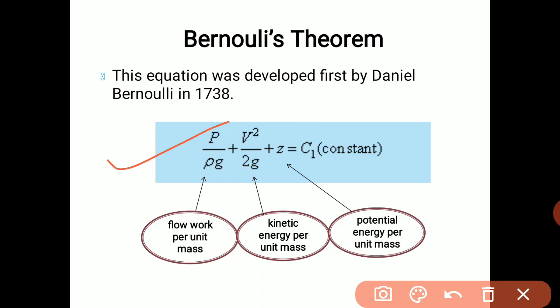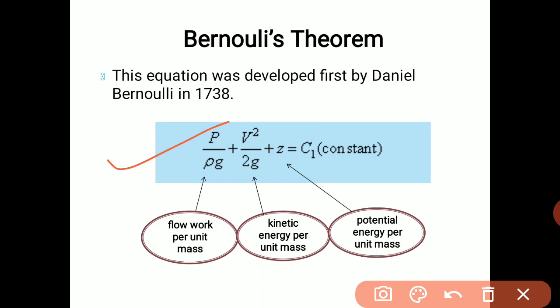So what is P divided by rho g? P is obviously the pressure, rho is the density, and g is 9.81, the gravity.